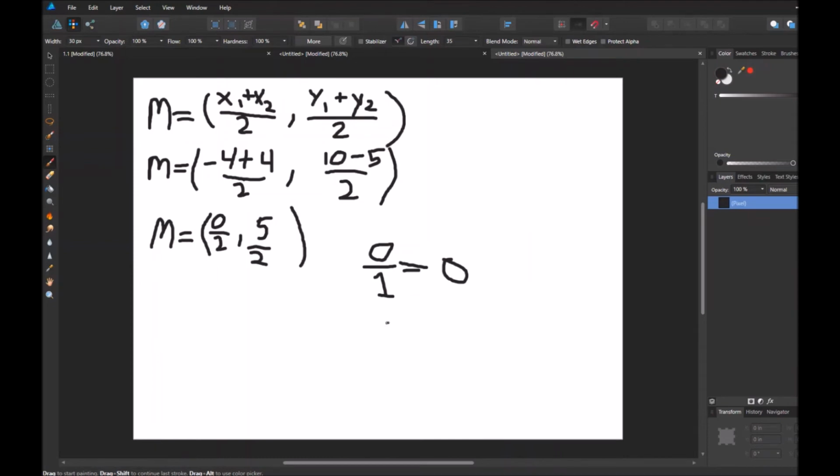If you have any number like 1 or 2 or x or sine of x, over 0, in this case I'll just put 1 to make it easier. If you have any number over 0 in a fraction, then it's undefined, which you can just write as UND.